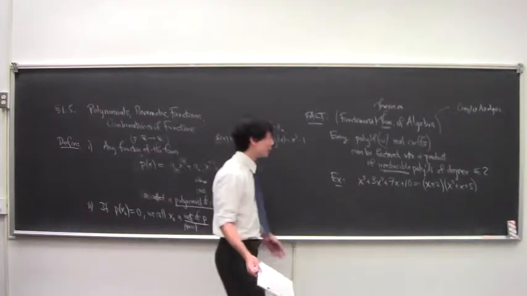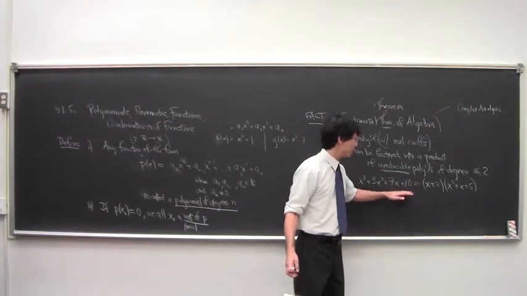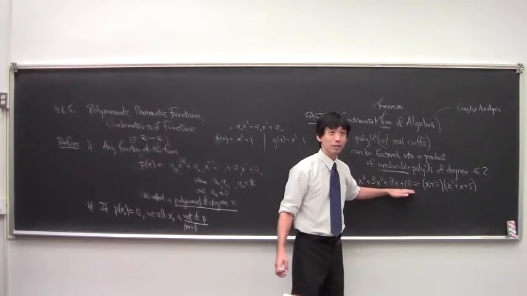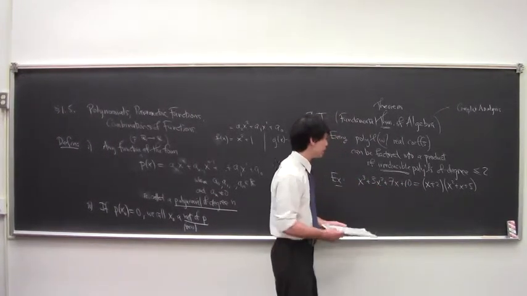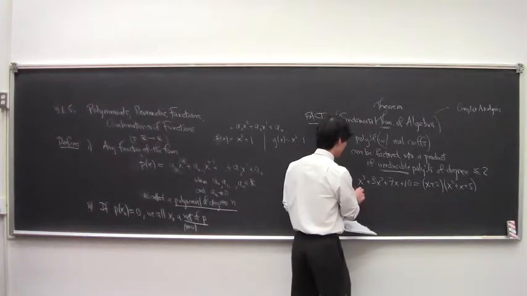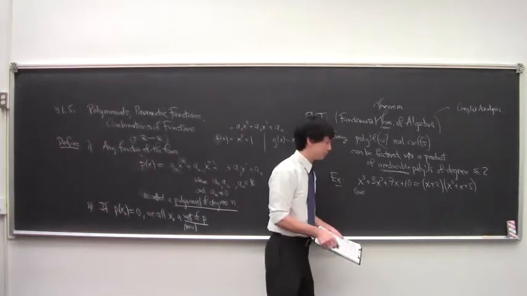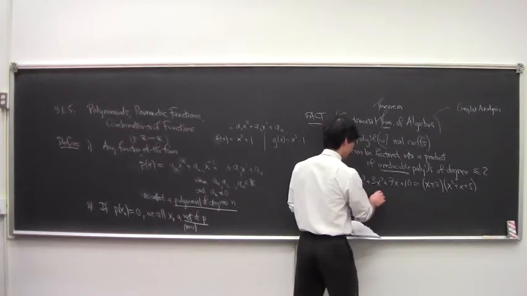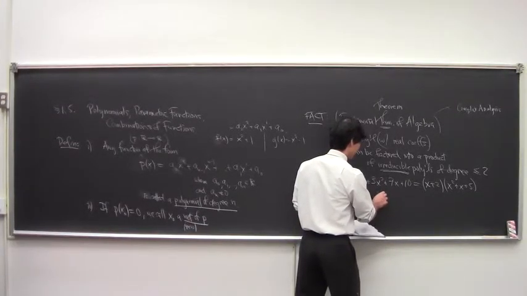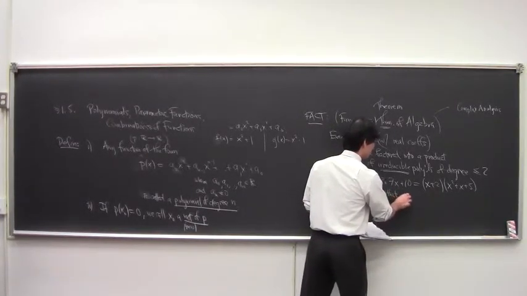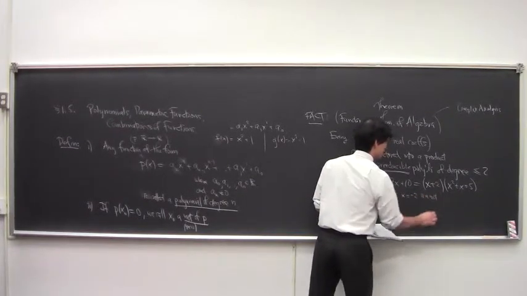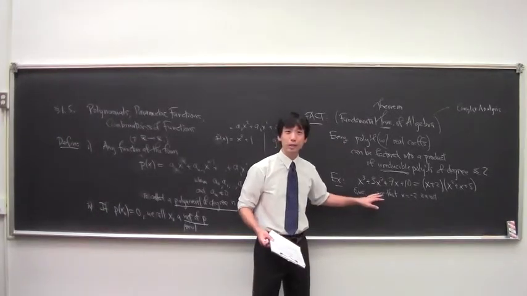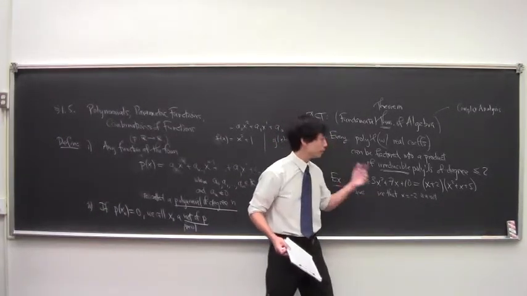Just for your amusement, one way that people factor this is maybe you guess a root. So maybe some sort of guessing leads you to see that -2 is a root. Once you have the root, then you use long division to factor.